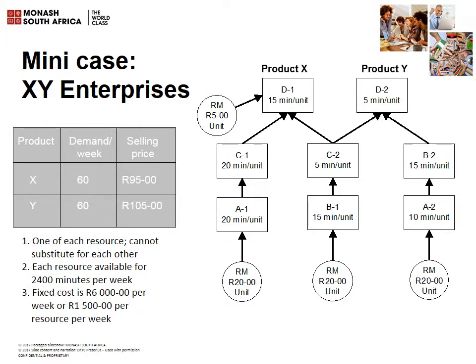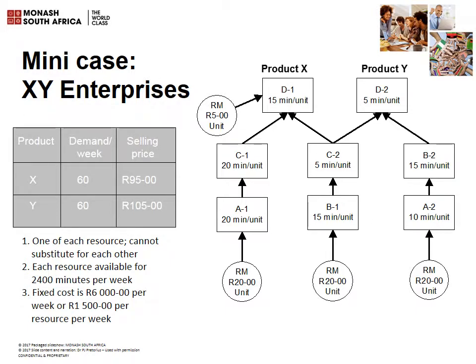Similar to a project network, the network we see before us indicates to us the sequence and processes required to make each of the products. The only difference between this network and a project network is the fact that we set up a project network once and then execute it once. In repeat operations, we set up the network once and then we execute it many times.